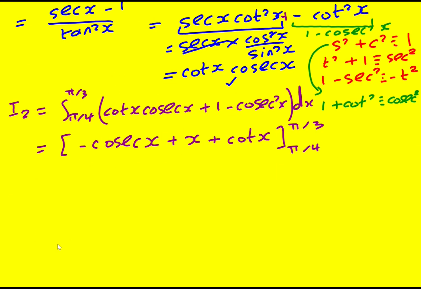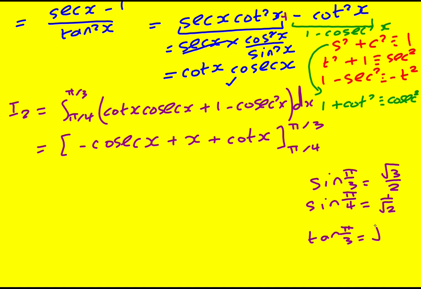Okay, a few more trig values to think about. So sine of pi over 3, same as sine 60, that is going to be root 3 over 2. And sine pi over 4 is 1 over root 2. Then tan pi over 3 is root 3. And tan of pi over 4 is 1.